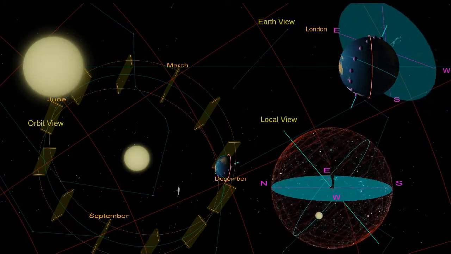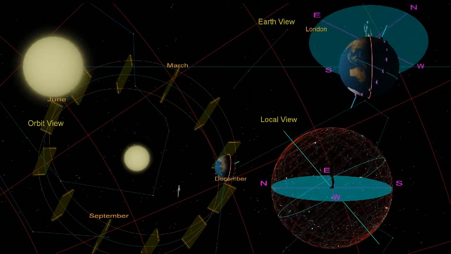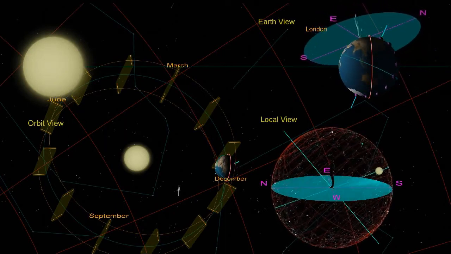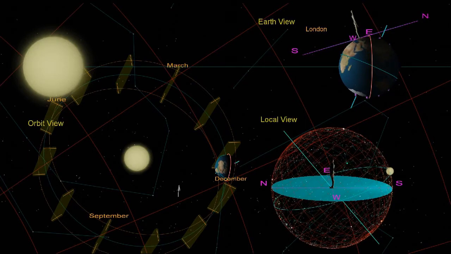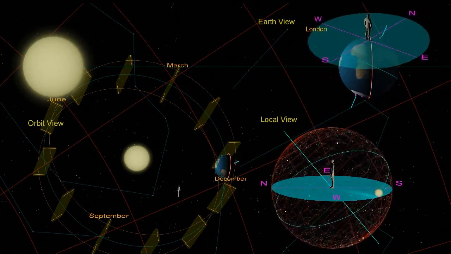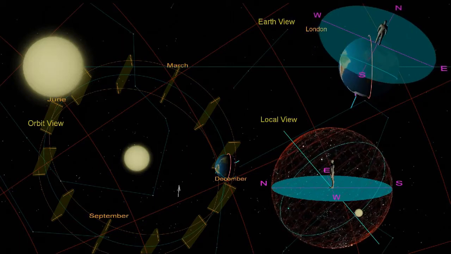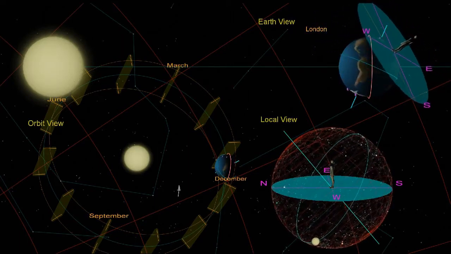The sun is rising towards the southeast, and at noontime it's very low towards the south. The intensity of the light is not very strong, and it's going to be cool. And the days are short as well. So it's going to be this figure's winter time.